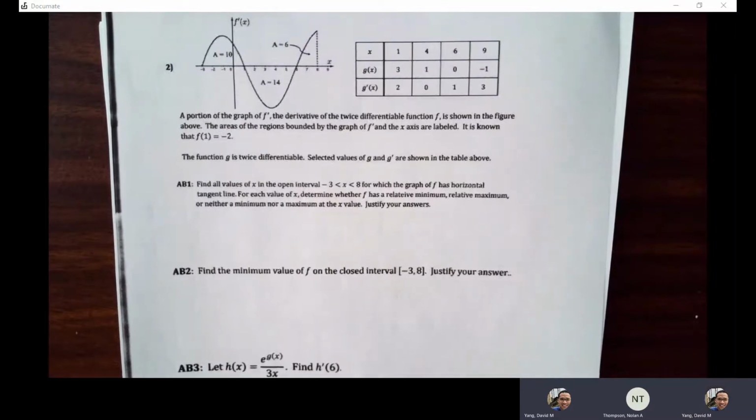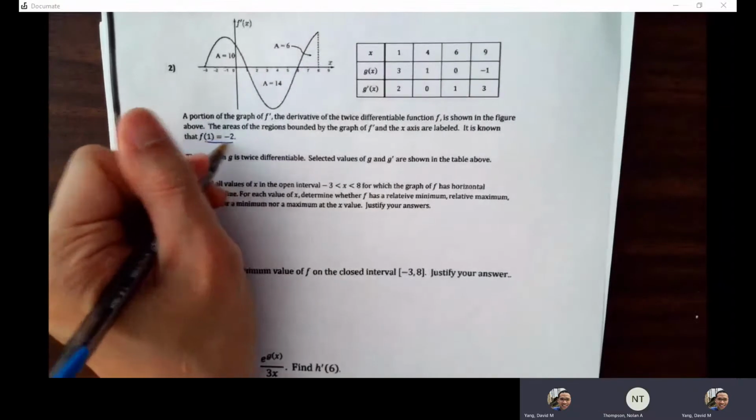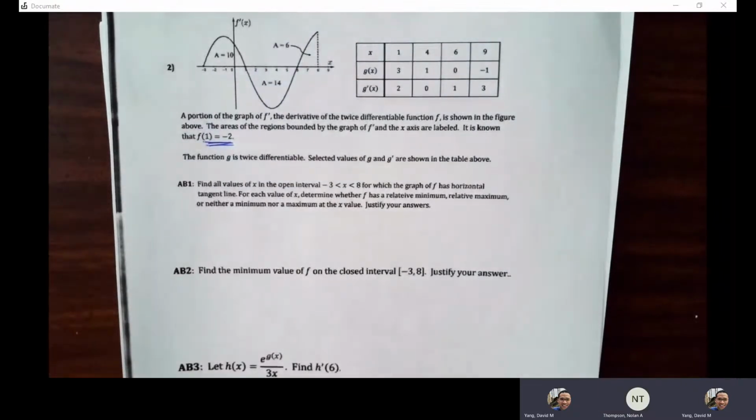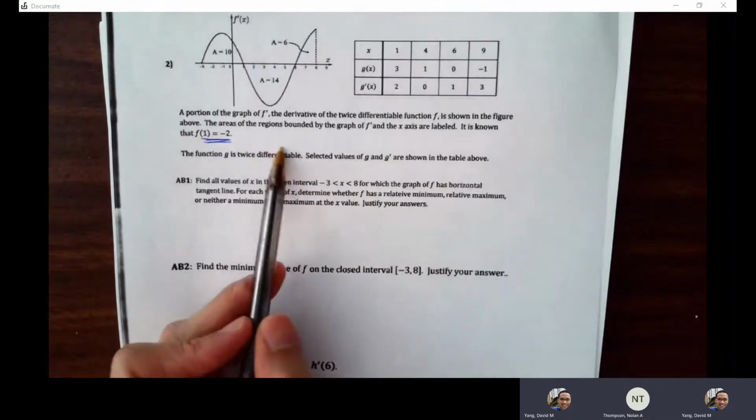All right, so we have a portion of the graph of f prime shown. The areas of the regions are given here. So area is 10, area 14, area of 6. And it's known that f of 1 equals -2. Function is twice differentiable, so that just means it's a smooth curve.